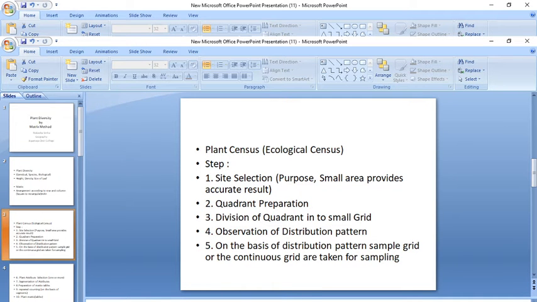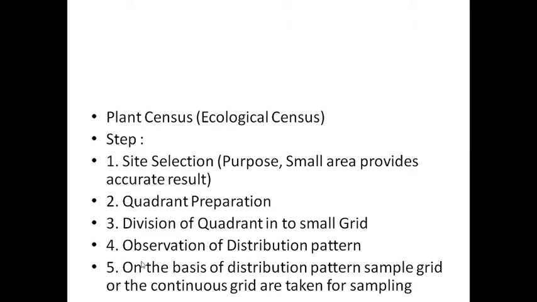Okay. And the fourth step is observation of the distribution pattern. On the basis of the observation of the distribution pattern, the sample grids, which may be continuous or random, are chosen for the sampling.